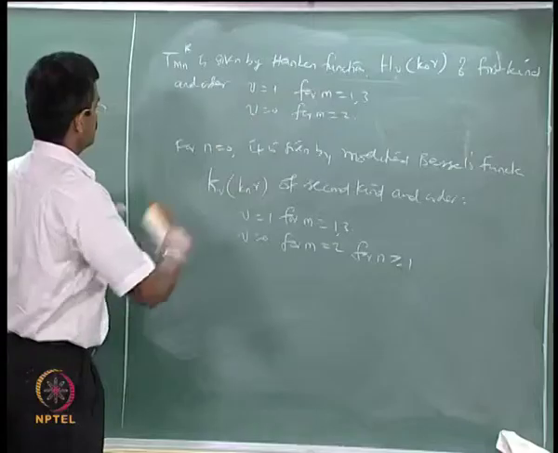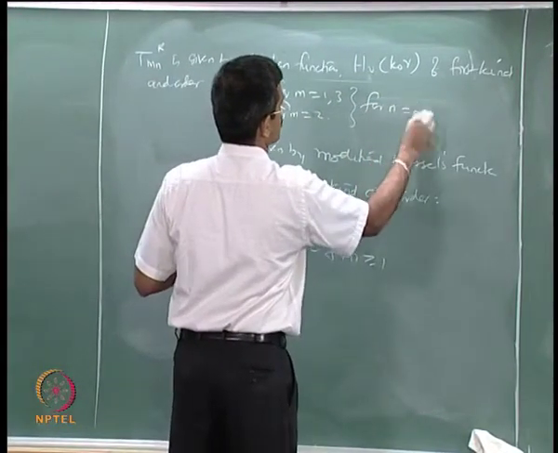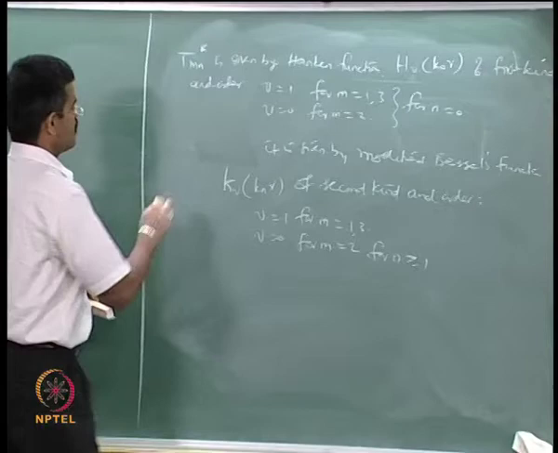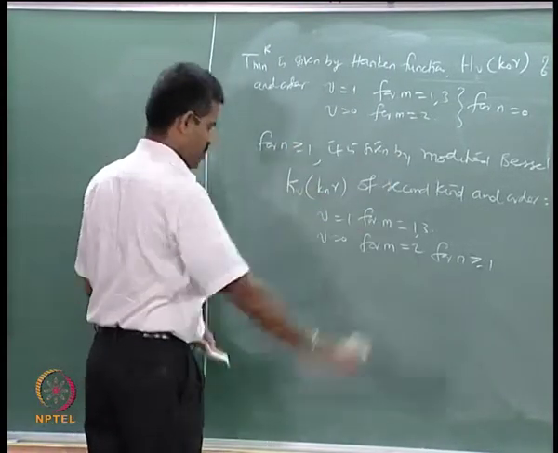This is a small correction. This value is for n equals 0. For n greater than or equal to 1, it is given by the modified Bessel function.